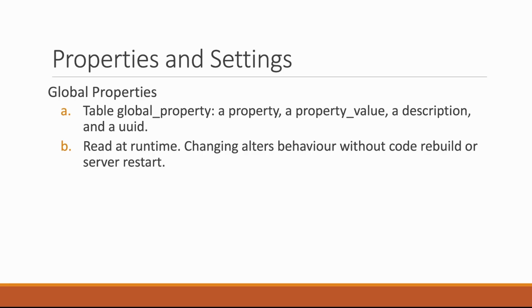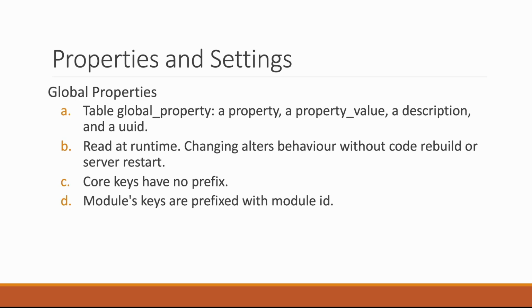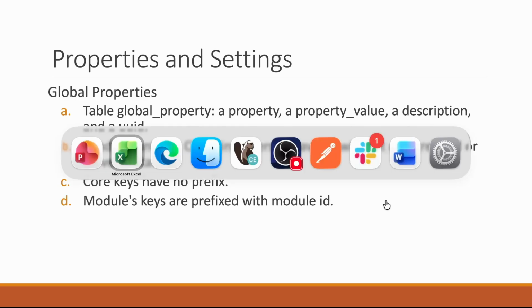Now, there are two types of global properties. One is related to OpenMRS core, and then you have properties for modules. If you have a core property, it will not have any prefix. If there is a property related to some module, it will have a prefix with the module ID in it, right?